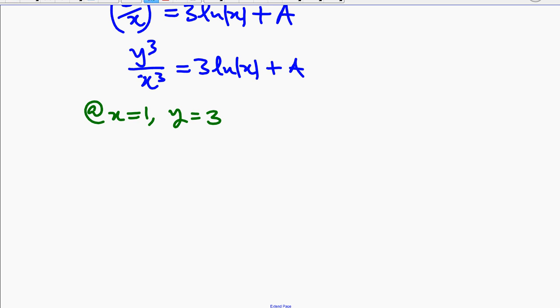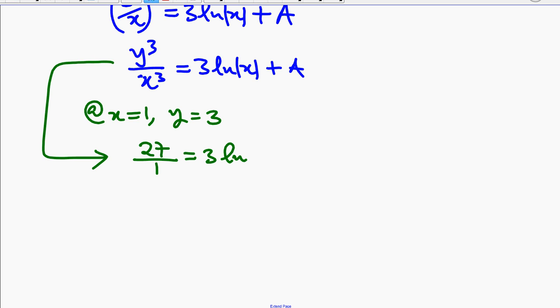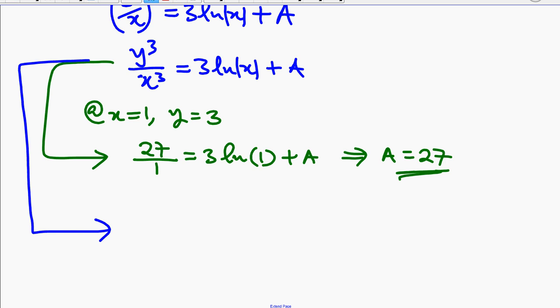So we'll have 27 over 1 will be equal to 3 ln 1 plus a, which means that a is equal to 27. All right, so which means that our equation here will become y cubed over x cubed will be equal to 3 ln x plus 27.